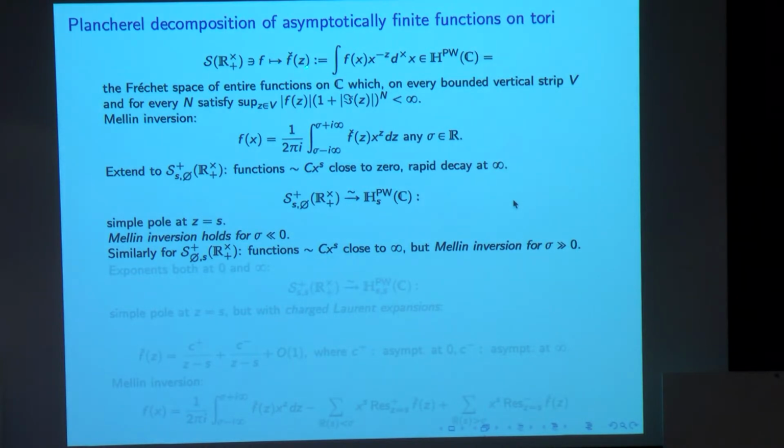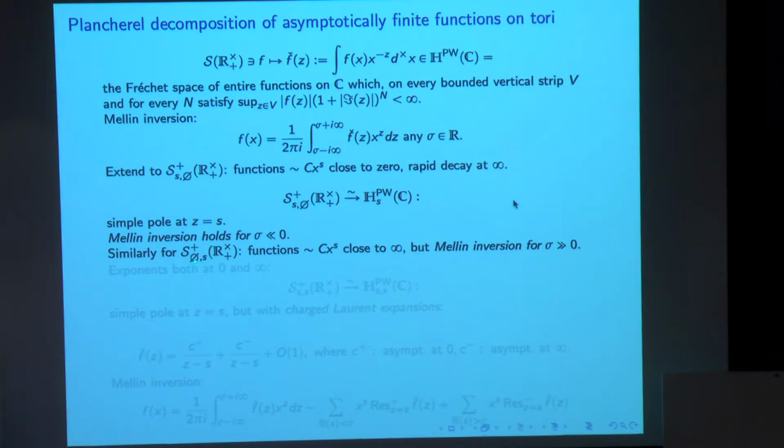So what happens to their Mellin transform? Their Mellin transform will have a simple pole at s. But this is still an isomorphism, and the same Mellin inversion formula holds as long as you take sigma to be very, very small.